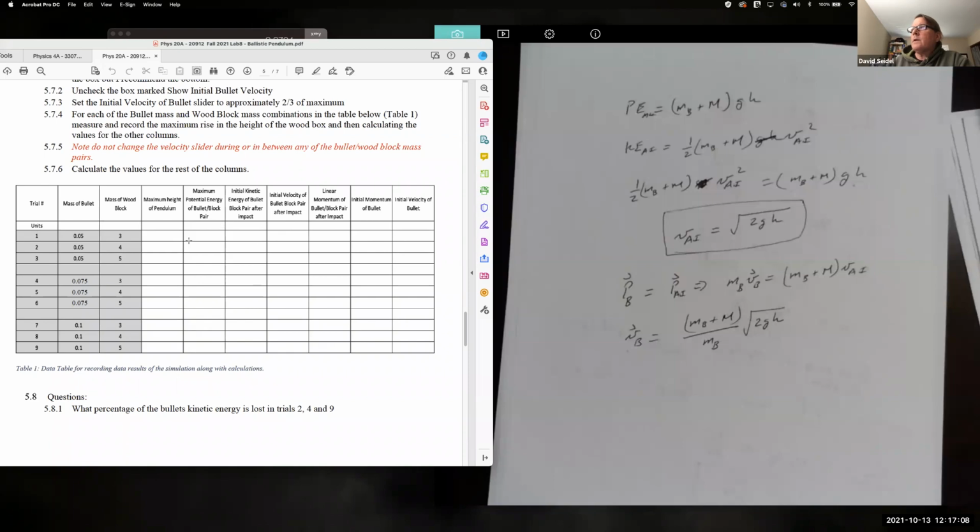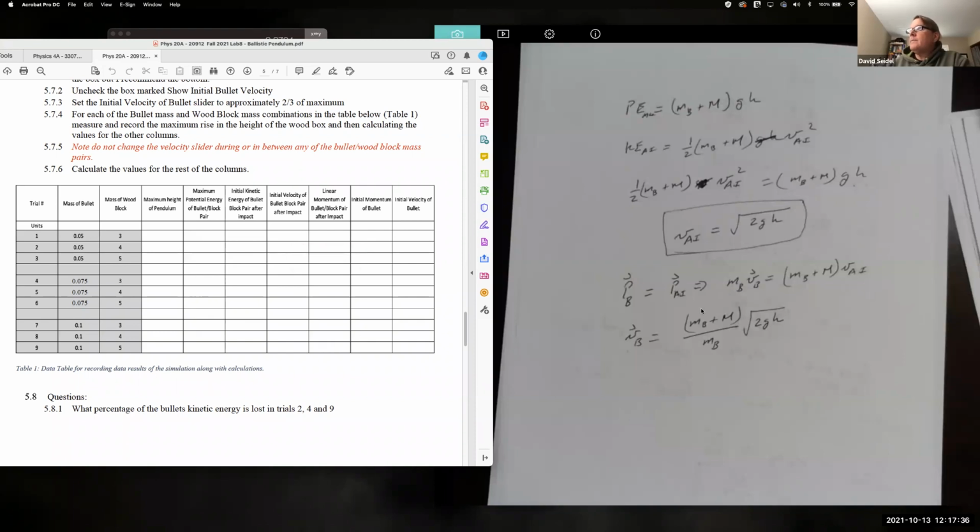You didn't need these two columns to calculate this column. I gave you these two columns to walk you through to this point here. So you're getting the kinetic and potential energies. That's the velocity of the bullet block pair.